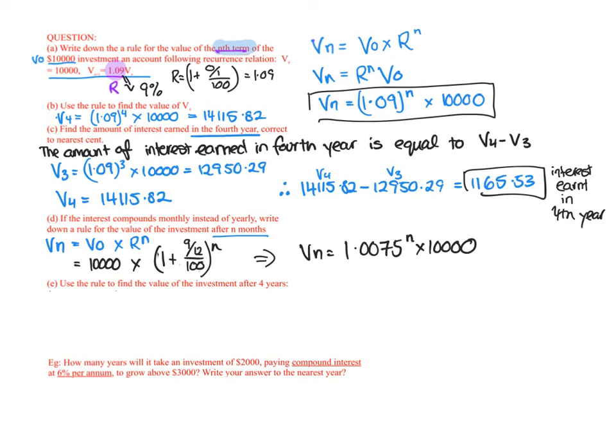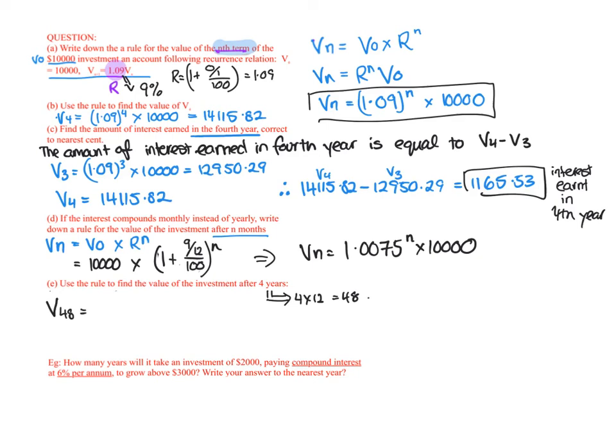Use the rule to find the value of the investment after 4 years. Now we've changed this to be monthly, so how many months is 4 years? 48. 4 times 12 equals 48, so you're actually trying to find V48.